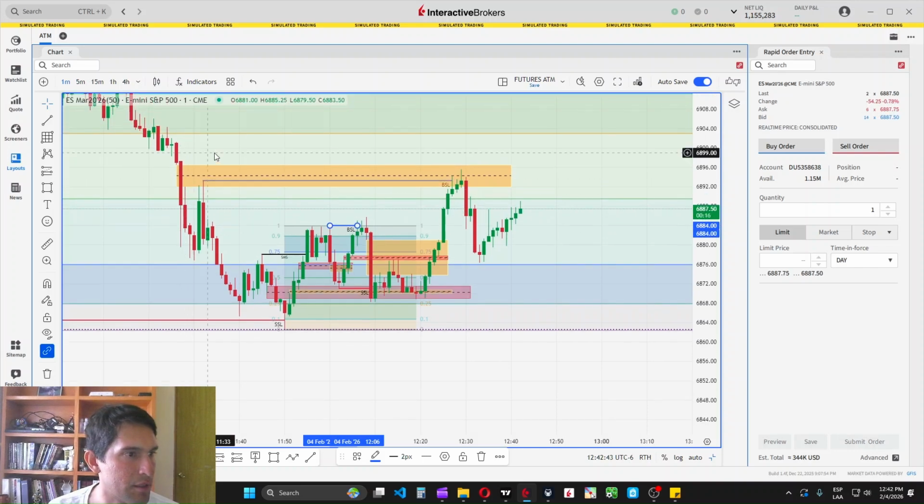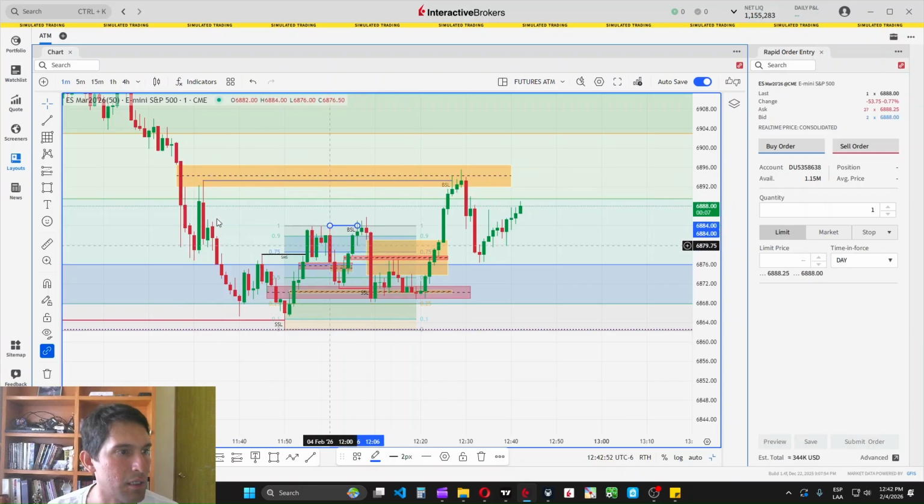So one other thing is that this area right here, like these consecutive red candles that form a fair value gap, those are good areas to target. So we expect the price to go there because this area right here is an imbalance in price. So the price will tend to go to those areas.